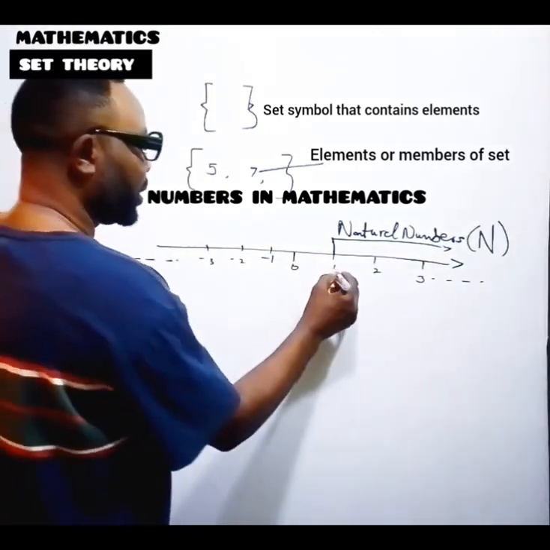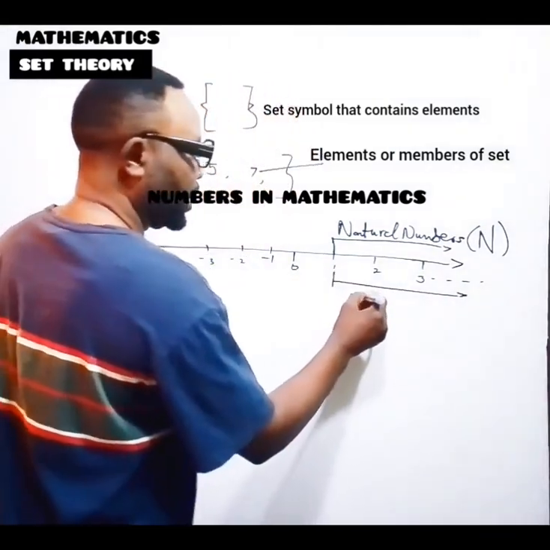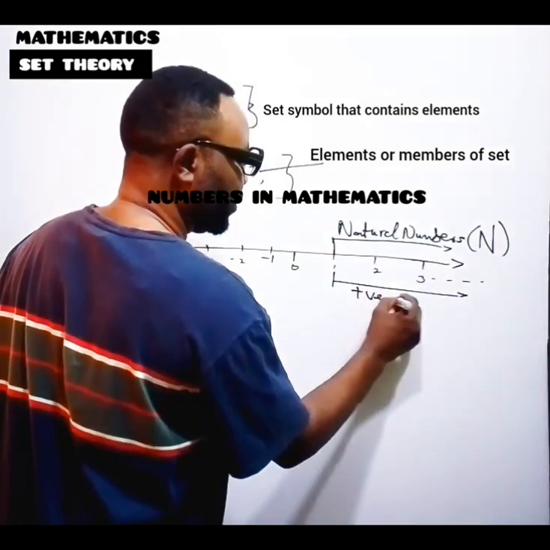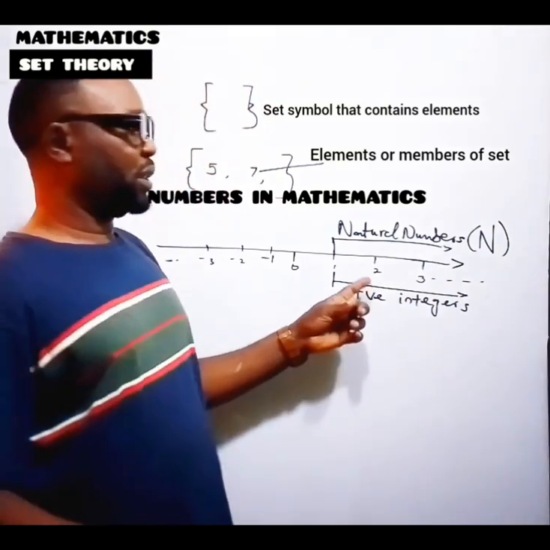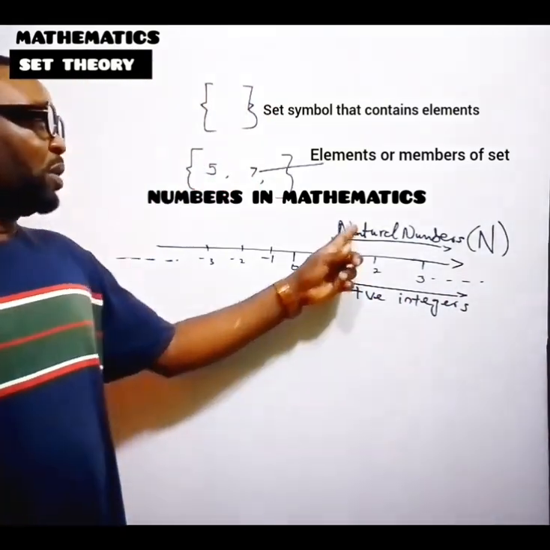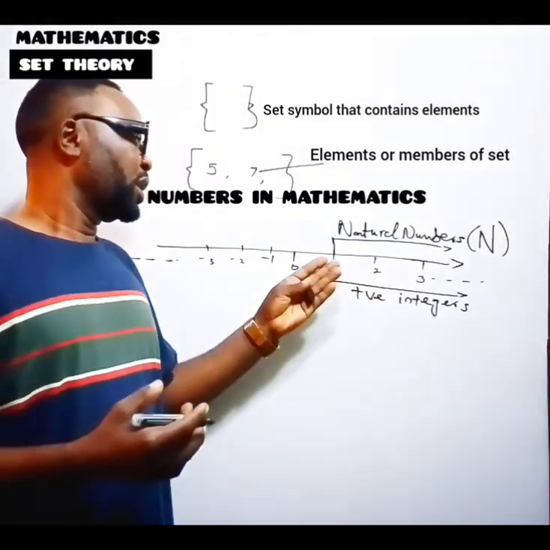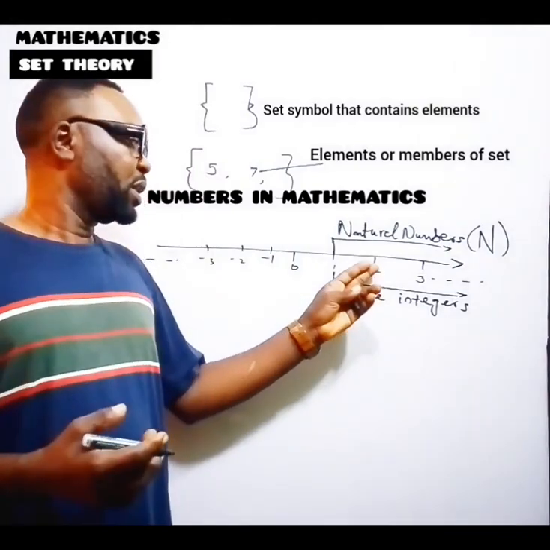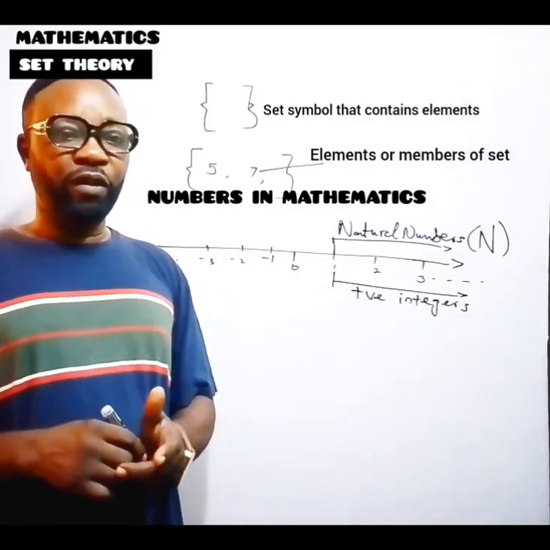Another set of numbers that we have, from 1 again, are called the positive integers. They can be related to natural numbers because they are the same figures. They start from 1, also whole numbers, 2, 3, 4, and so on to infinity.